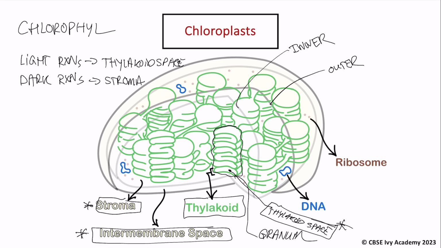Correct. The dark reactions occur in the stroma, and the dark reactions are also called the Calvin cycle. And those are the core points to know about chloroplasts.